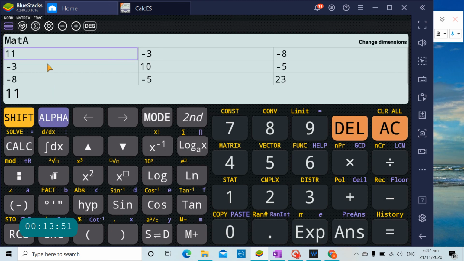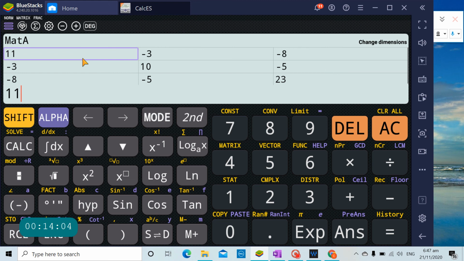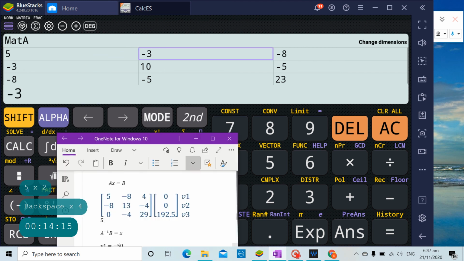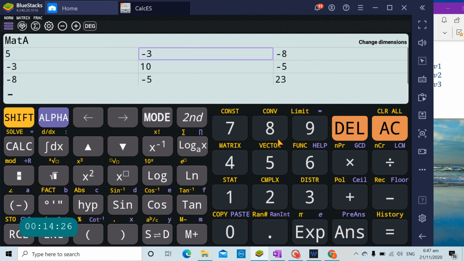As you can see here, input this equation: 5, negative 8, and 4, equals.